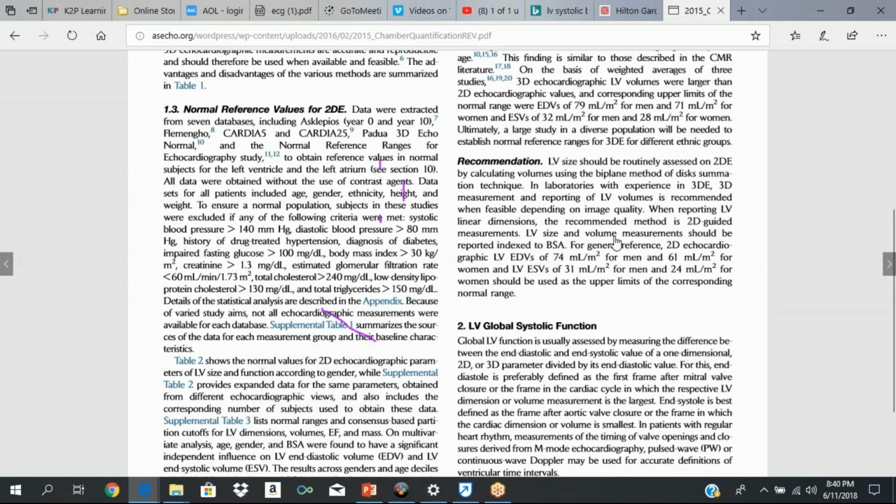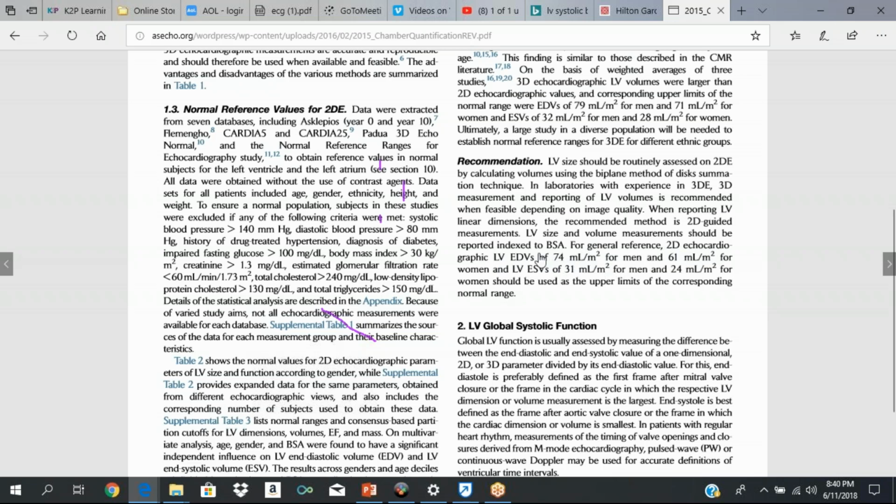The LV size and volume measurements should be reported indexed to body surface area. As I said, the tendency is to index most things. For general reference, the 2D echo LV end-diastolic volume is 74 mLs per meter squared for men.